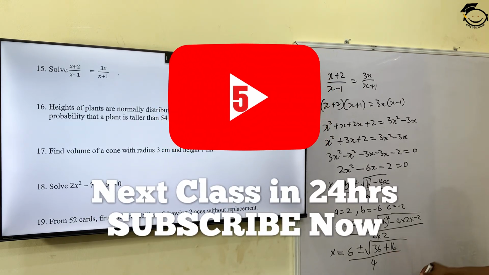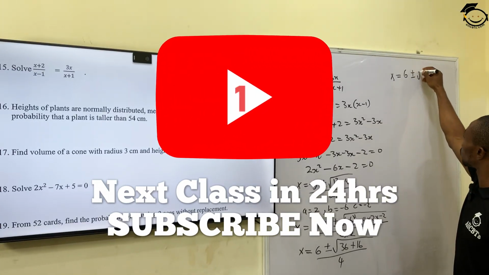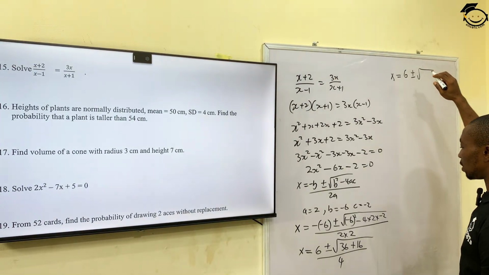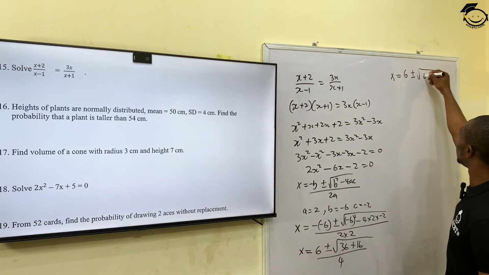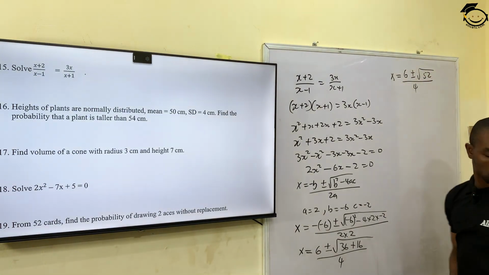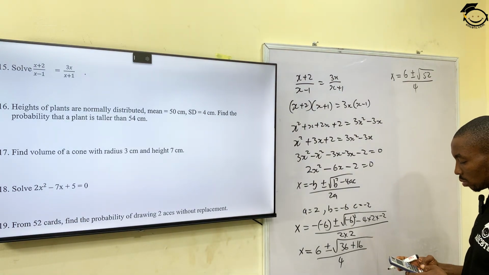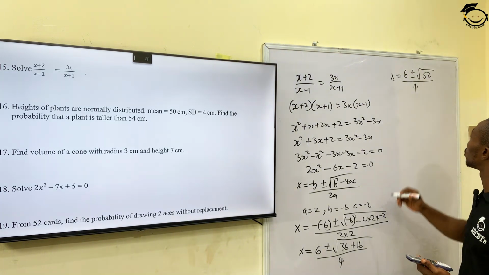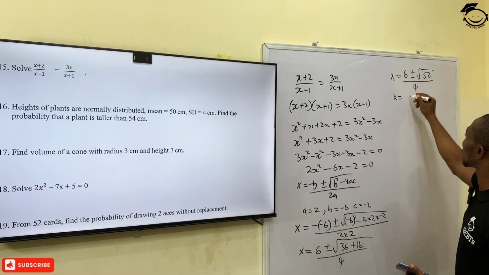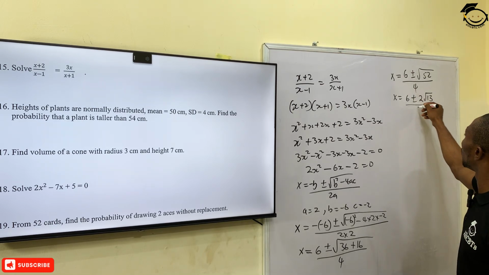Now, adding this up, we have x equals 6 plus minus root 36 plus 16 will give us 52 all over 4. All right. Now, root 52 will give us 2 root 13. So this becomes x equals 6 plus minus 2 root 13 all over 4.